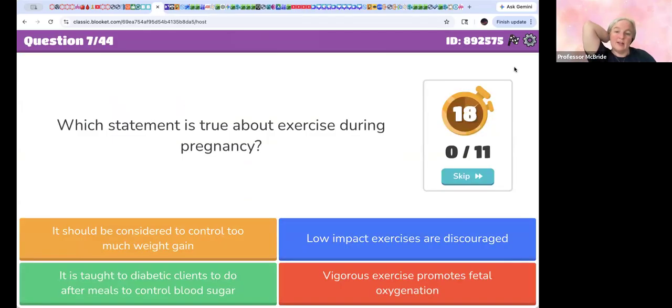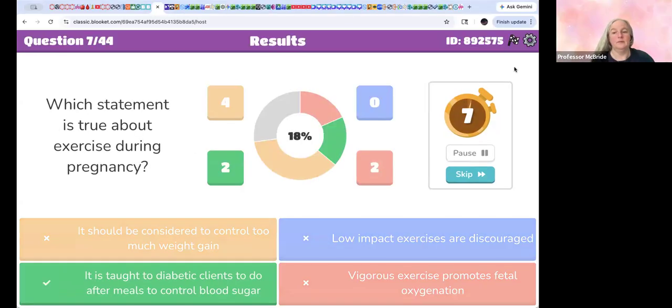Which statement is true about exercise during pregnancy? Okay. So we want to use exercise as a way to help her feel healthy. It's not going to be used for weight loss.